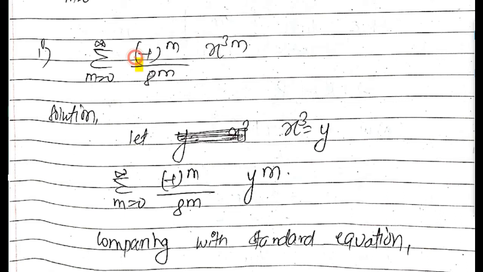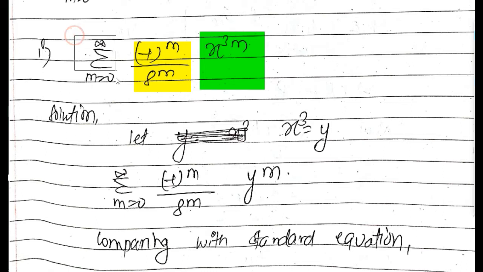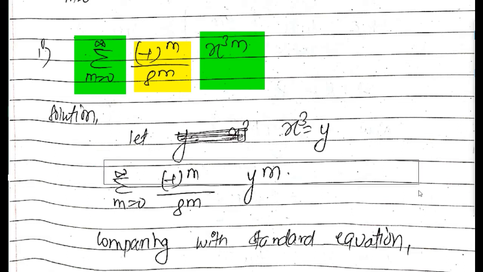This whole constant refers to m, and it must be 3, and this is your limit. We assume that x to the power 3 equals y, and this equation becomes the sum from m equals 0, a standard equation. So let's compare with the standard one.